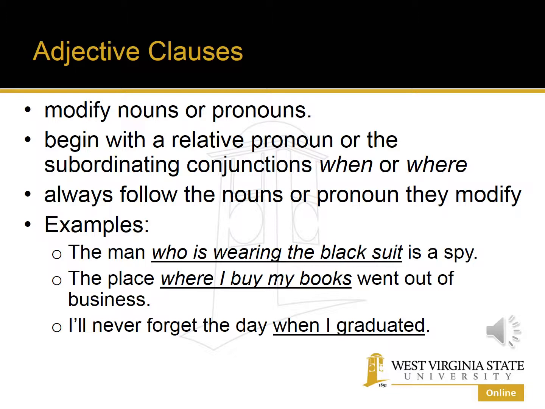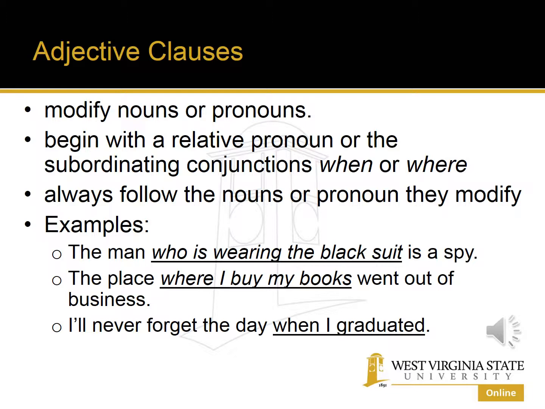They also always follow the noun or pronoun that they are modifying. So we've seen how a relative clause acts as an adjective in the sentence, the man who is wearing the black suit is a spy. And they are a common type of adjective clause. But subordinate clauses that start with when and where can also function as an adjective in a sentence.